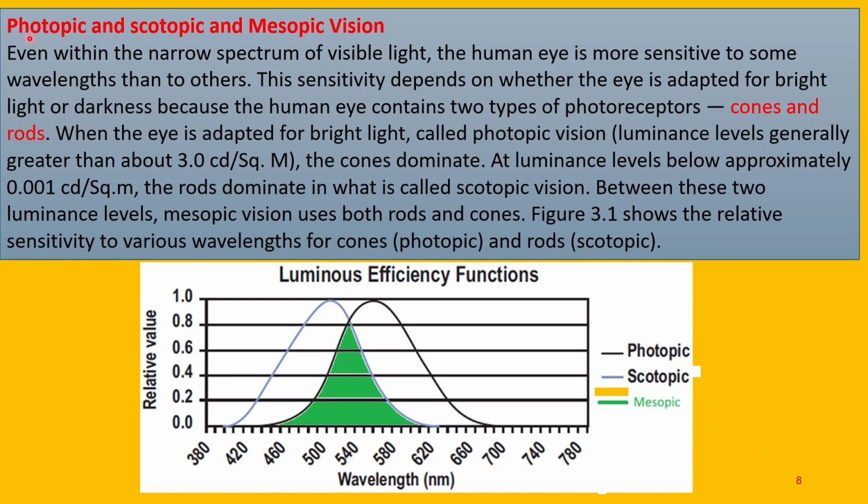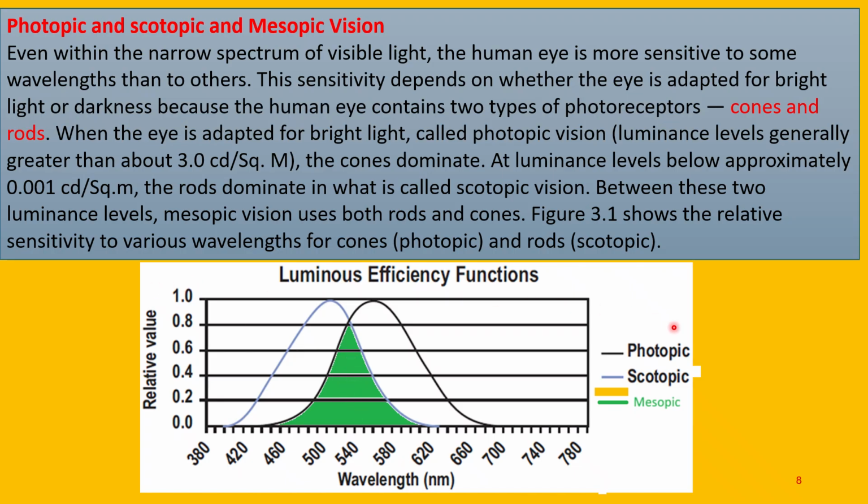Friends, now we are talking of vision. The vision normally is of two types, photopic and scotopic. Photopic during daytime and scotopic during night. But there is a region known as mesopic vision, as shown in green color here.